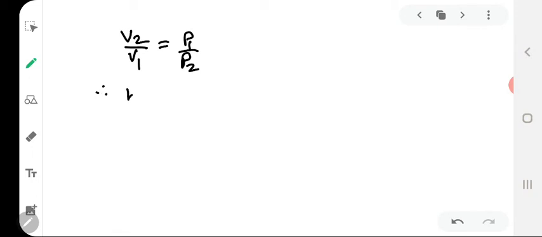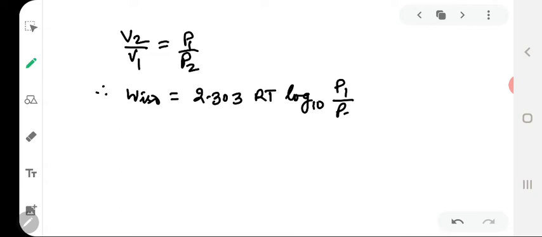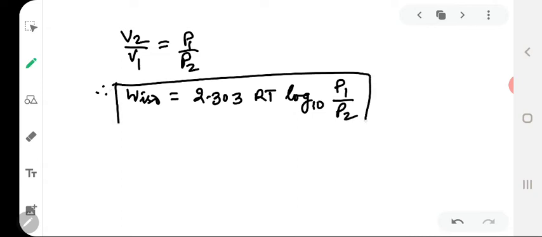So therefore we can also write work done for an isothermal process to be equal to 2.303 RT log base 10 of P1 by P2. This is the expression for the work done during an isothermal process for 1 mole of an ideal gas when its pressure changes from P1 to P2 at constant temperature T.